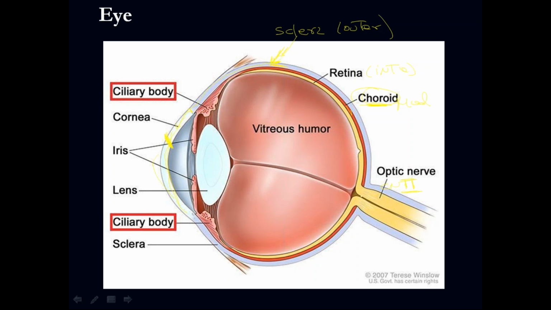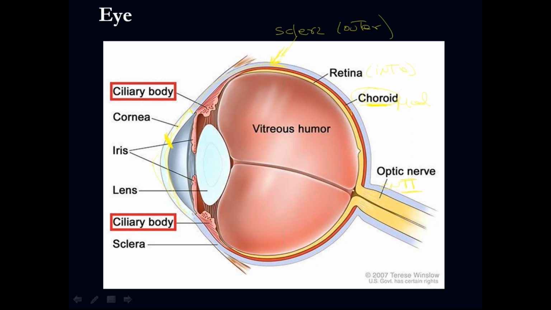This cranial nerve, can you see here, is going to open like a flower, all the way lining the internal surface of the eye, and that is called the retina. So you see the retina, all this is the retina. So the retina actually is the continuation, the projection, the elongation of the optic nerve coming into the eye.